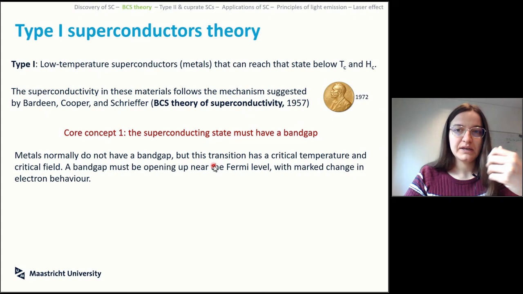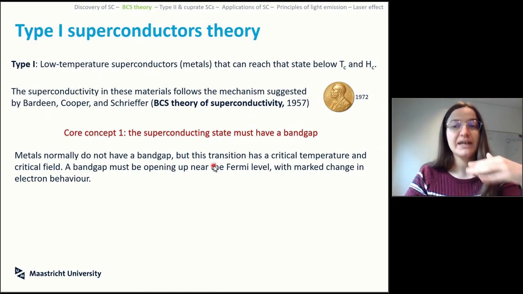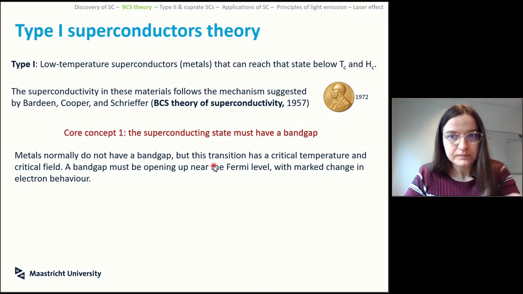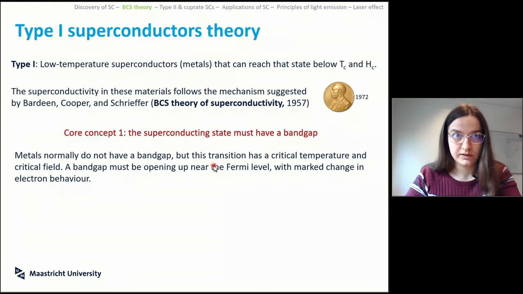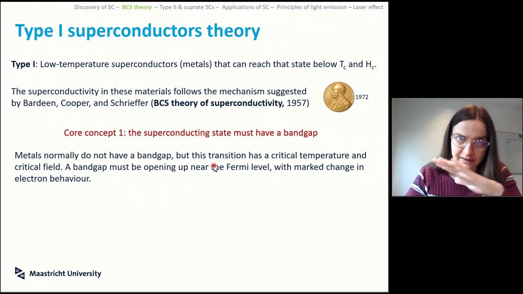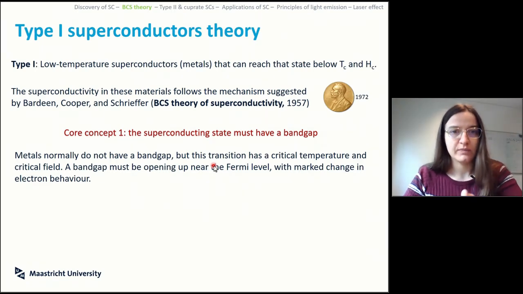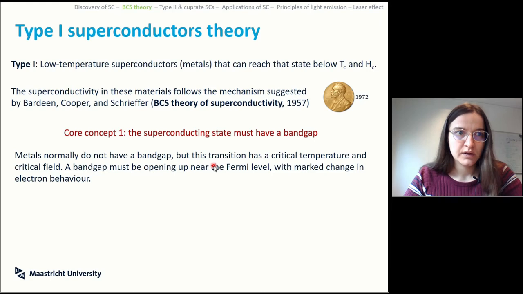The first step is that there must be a band gap that separates whatever is going on in the superconducting state, so whatever is conducting electricity as a supercurrent in the low temperature regime, from the normal state of conduction. Why? Because they must have a different behavior.